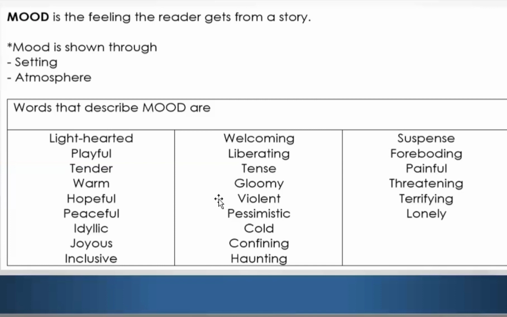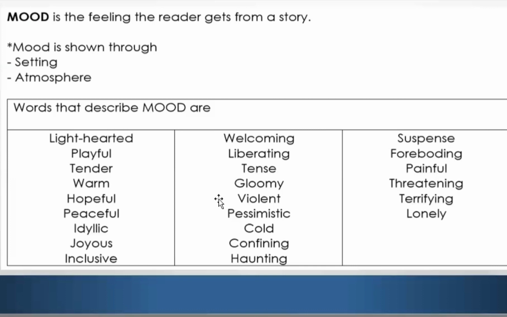Cold, let's say for example, when you are in Baguio, definitely it's cold. Or maybe you are cold in terms of your feeling towards someone. There's also confining in here, which means, let's say, for example, you are being isolated in a certain place. Confining is a describing word for mood.